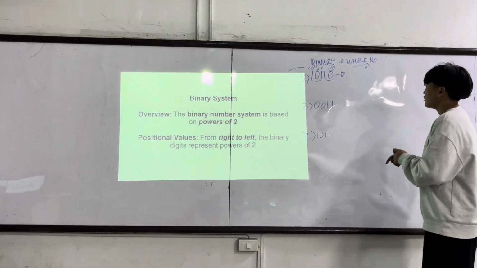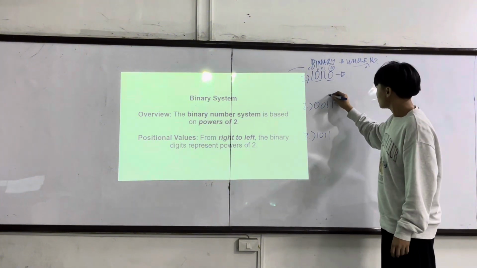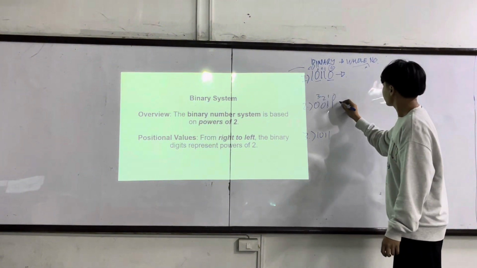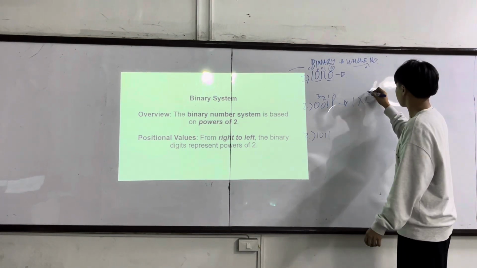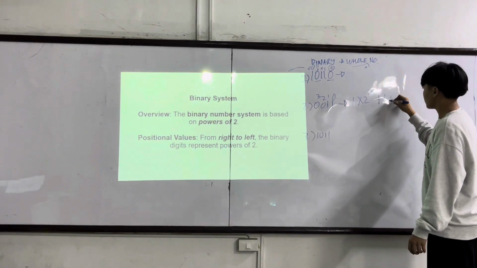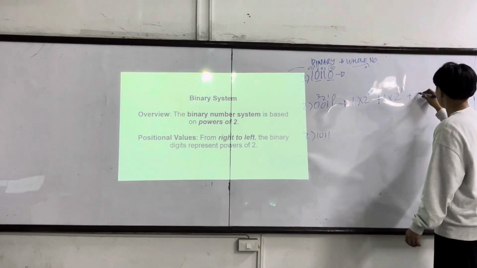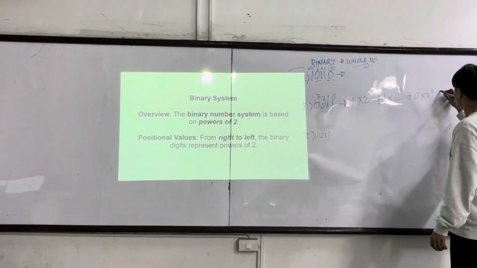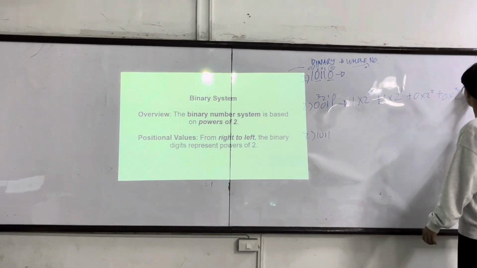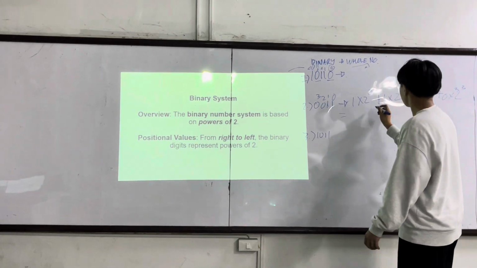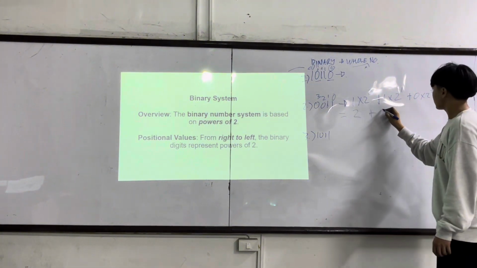That's another example. We count from 0, 1, 2, 3. 1 times 2 raised to 0, plus 1 times 2 raised to 1, plus 0 times 2 raised to 2, plus 0 times 2 raised to 3, equals 1 plus 2.